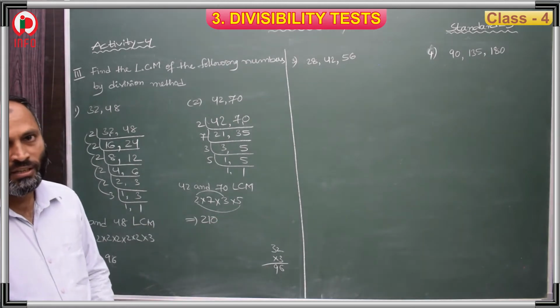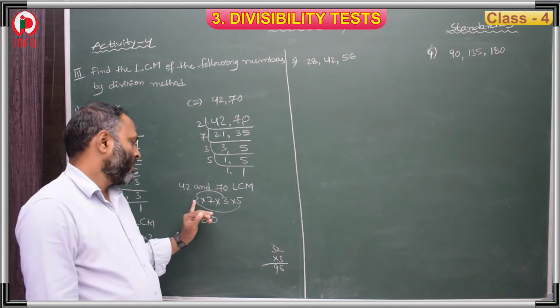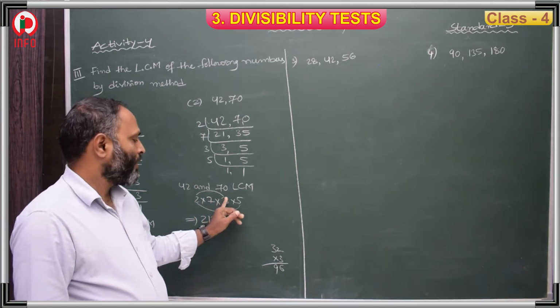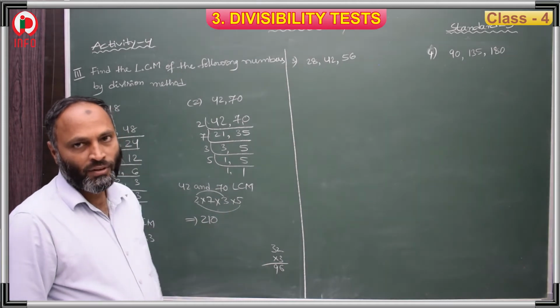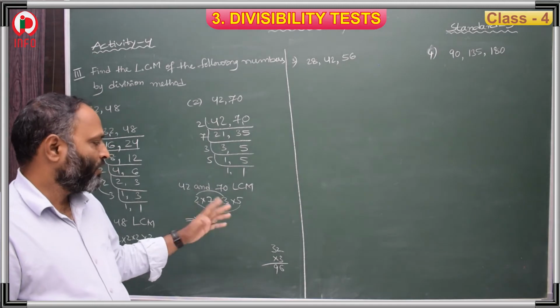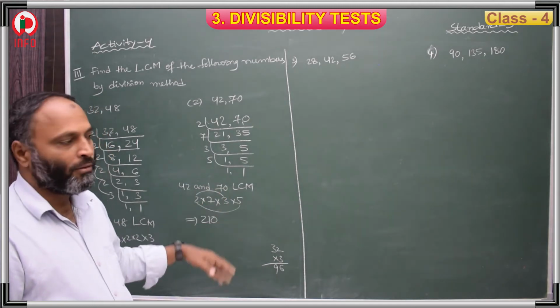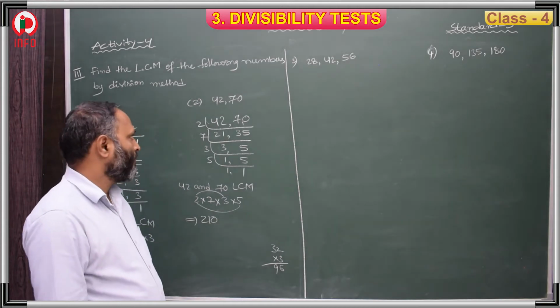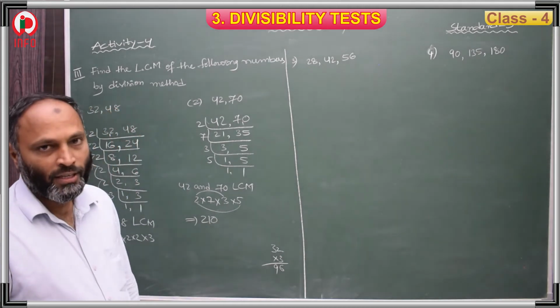Whatever the easiest way, you multiply. Otherwise 2 sevens are 14, 14 threes are 42, 42 fives are 210. That is your wish, multiply in whichever way you want. So 210 is the LCM of 42 and 70.